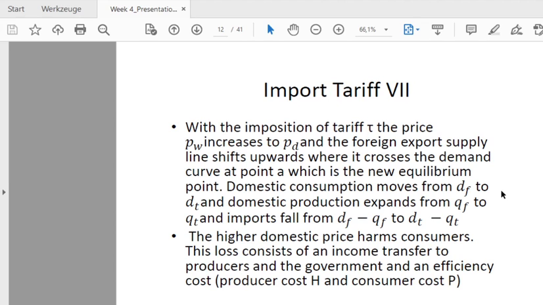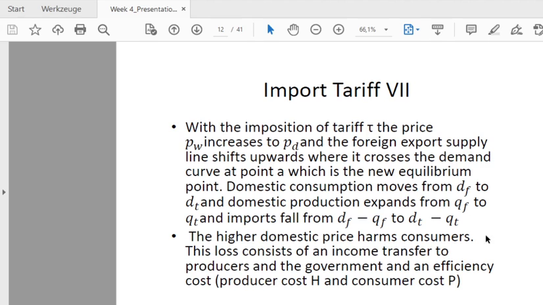Domestic consumption moves from DF to DT, and domestic production expands from QF to QT, and imports fall from DF minus QF to DT minus QT.